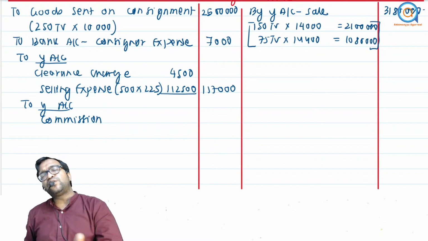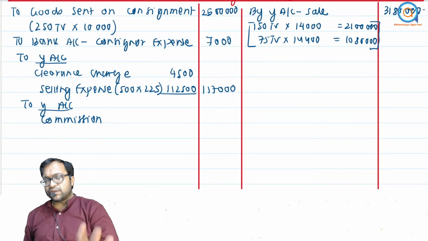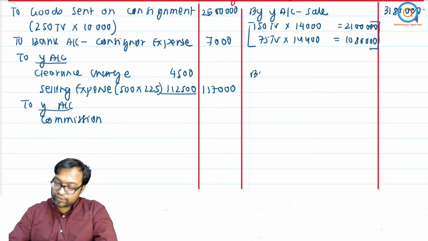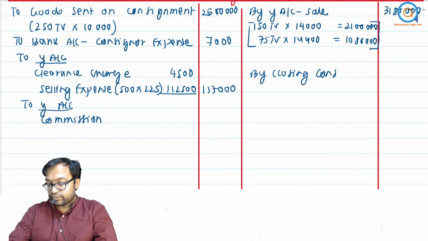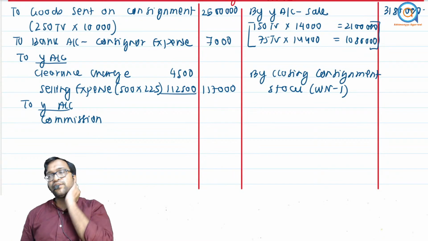Out of 250 televisions sent, 225 are sold, so 25 are unsold. So by closing consignment stock, now closing stock valuation you have to do. For that we need to do working note number 1.